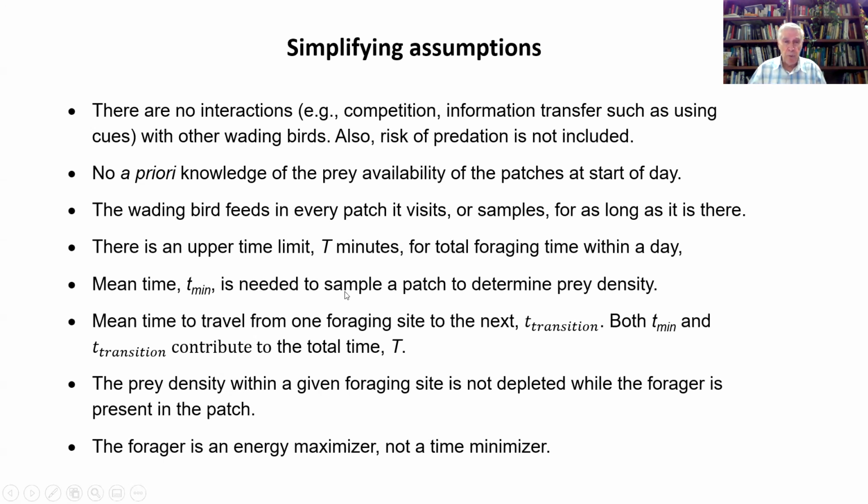Mean time to travel from one foraging patch to the next, we're calling T sub transition. And we're assuming that both T min and T transition contribute to the total time. So the total time that the wading bird has is all the time it spends either sampling or transitioning, or if it does find a site that it likes, the time that it spends there.